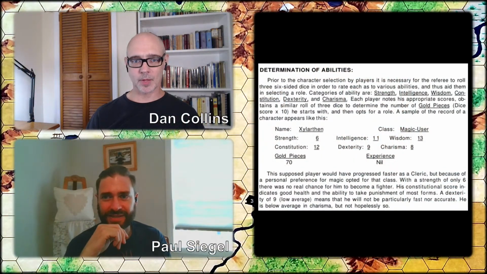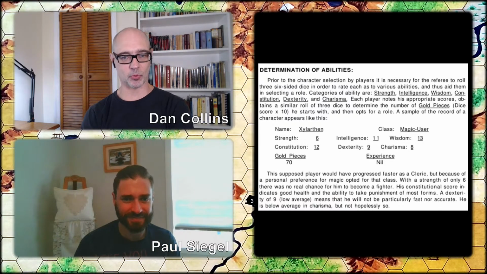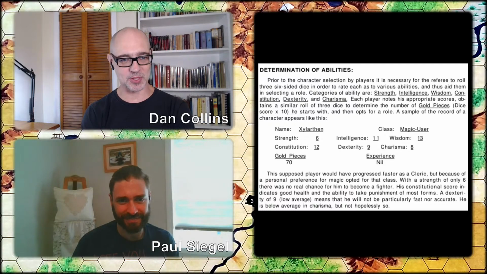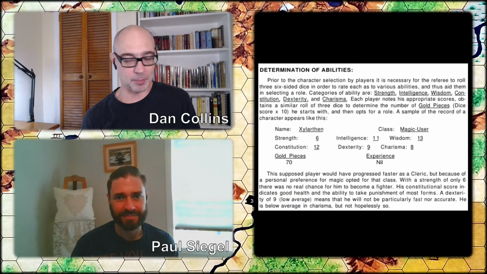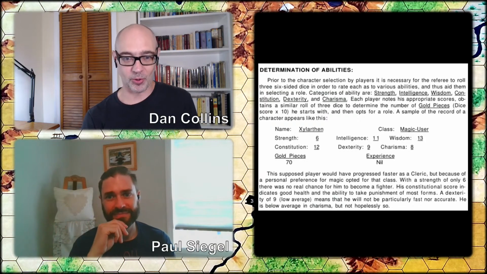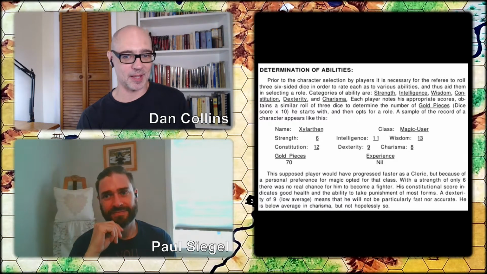Great. Okay. So this is the original D&D Volume 1 text from 1974, and I think this first sentence is really fascinating, because it says, prior to the character selection by players, it is necessary for the referee to roll 3 6-sided dice in order to rate each as to various abilities, and thus aid them in selecting a role.